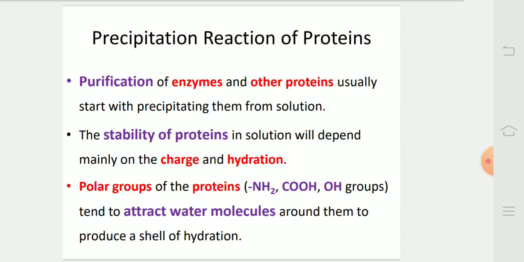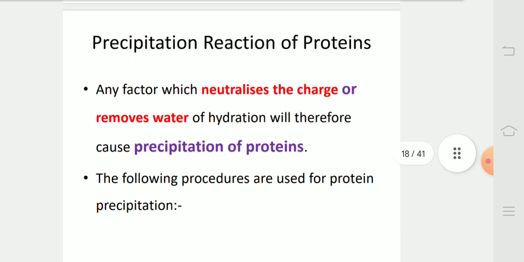Polar groups of the proteins like NH2, COOH, OH groups tend to attract water molecules around them to produce a shell of hydration. Any factor which neutralizes the charge or removes the water of hydration will therefore cause precipitation of proteins. The following procedures are used for protein precipitation.